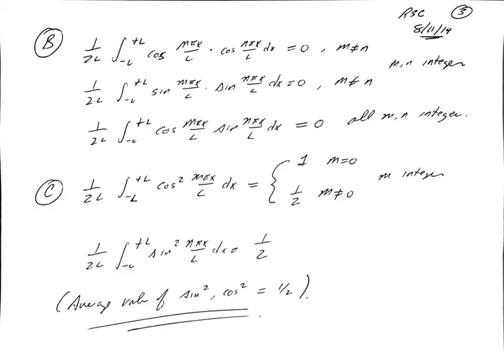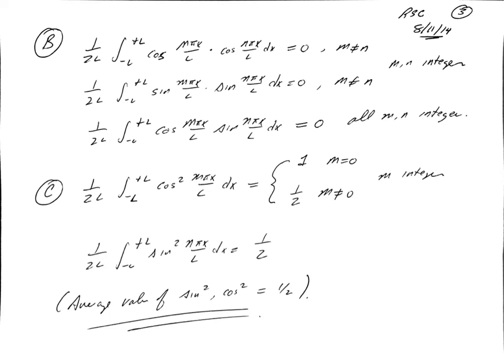The last two sets of integrals that are going to be useful for Fourier series are average values of products of sines and cosines. So if we look at the average value of cosine m pi x over L times cosine n pi x over L, let me emphasize that this combination m pi x over L is a cosine that has m full periods within the region from minus L to L. That's what this m pi means, m being an integer.